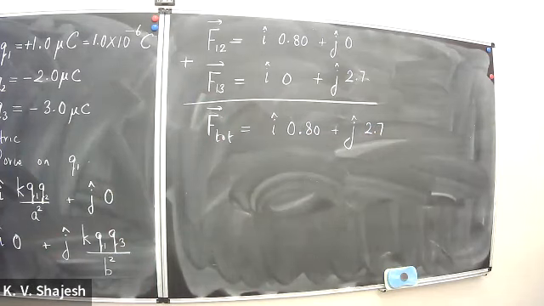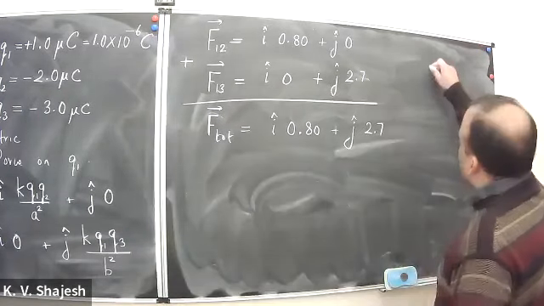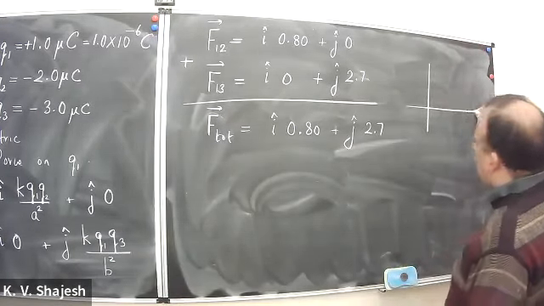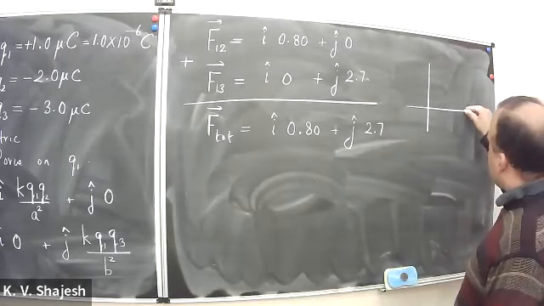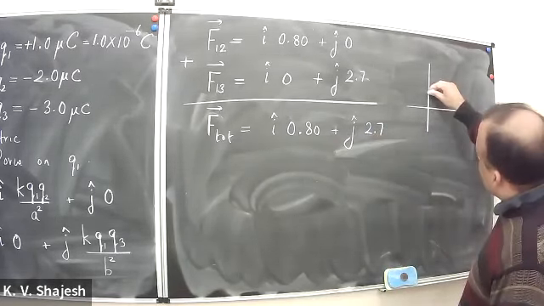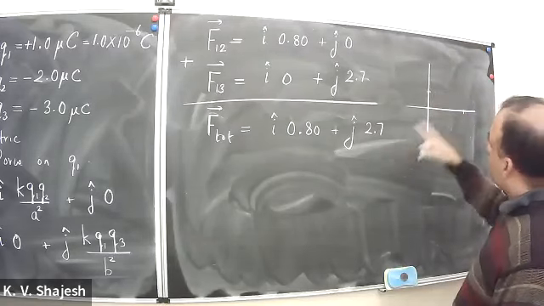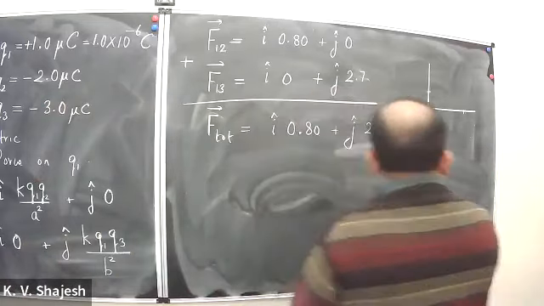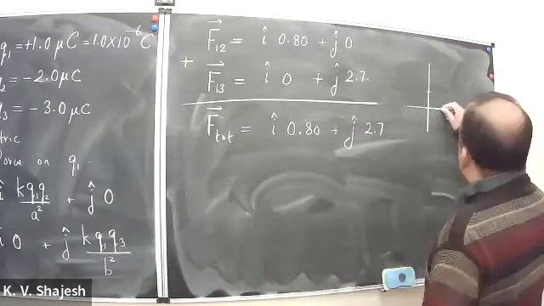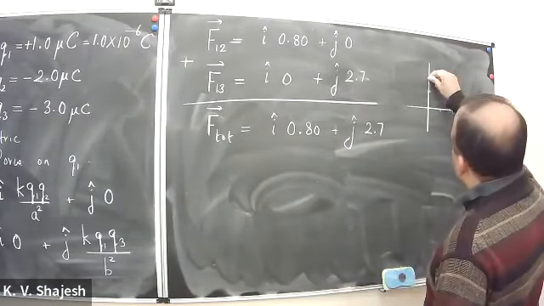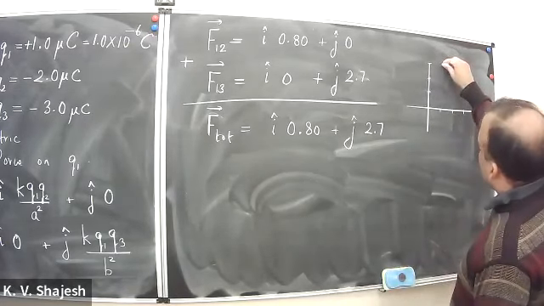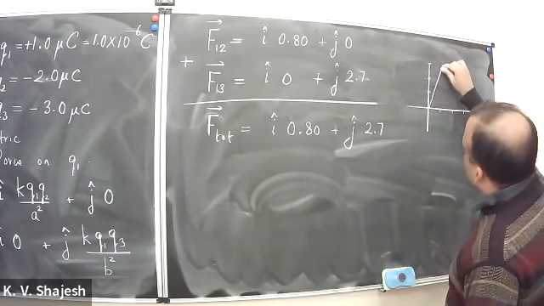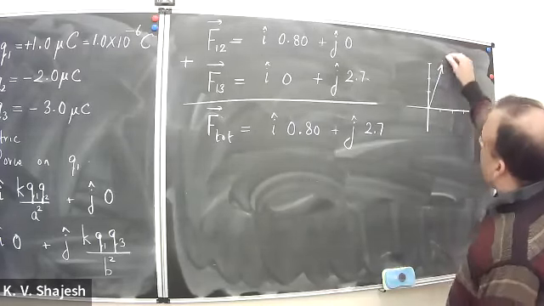And that's your force in component form. What's the direction of this force? If you were to visualize this, that's approximately 3, and that's approximately 1. The X is smaller, so let's see, 1, 2, 3, right? So this will be down here. So the force will be something like this. That's your F total.